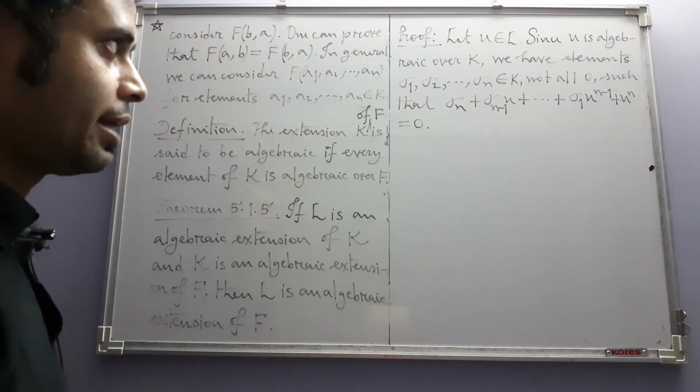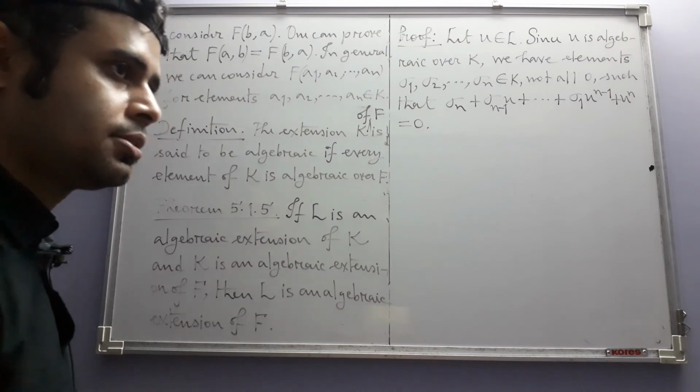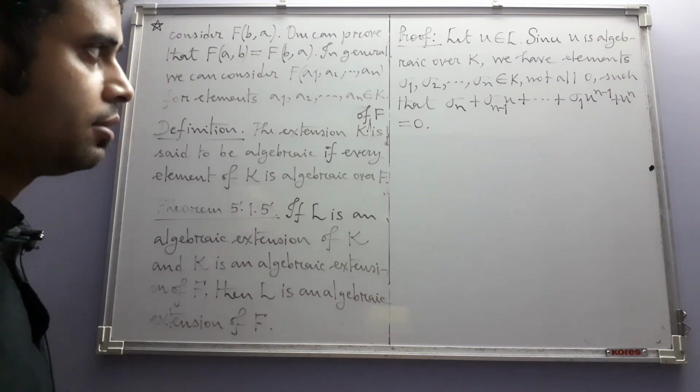That is, algebraicity of U over K implies U satisfies a non-zero polynomial over K.